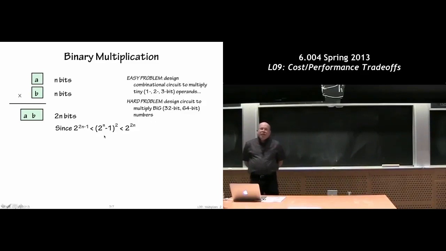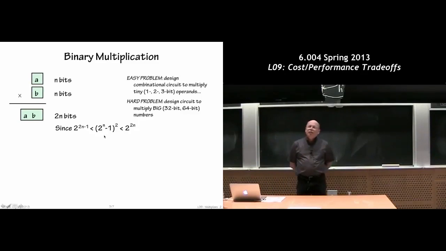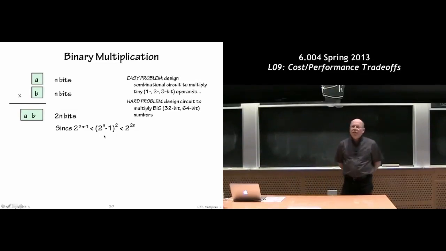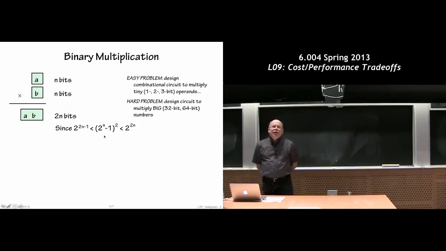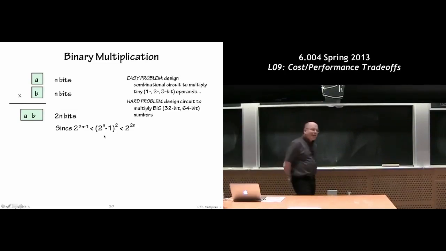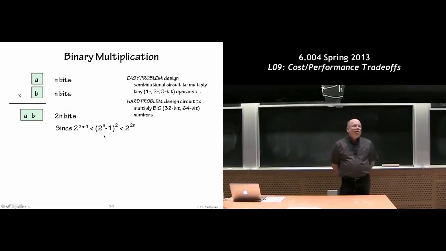It turns out that for small multipliers, like even a 1-by-1 multiplier, the hardware isn't too bad. But for those of you who've already made a start in Lab 3 and are puzzling over how to build a 32-bit by 32-bit multiplier, you quickly realize that that's a lot of hardware. There are lots of partial products to create and lots of adders needed to add them together, and your fingers are getting shorter as you type them in.